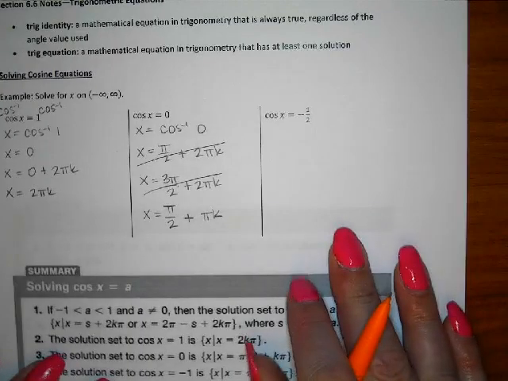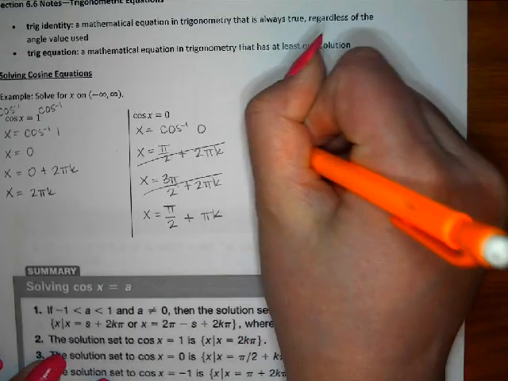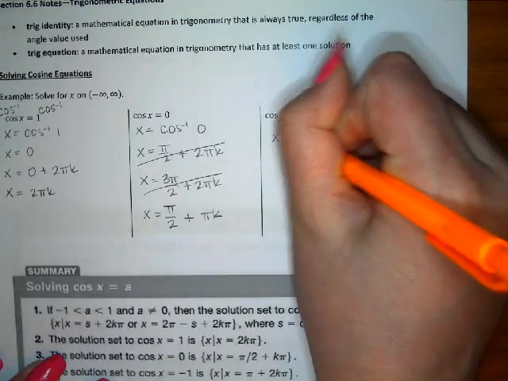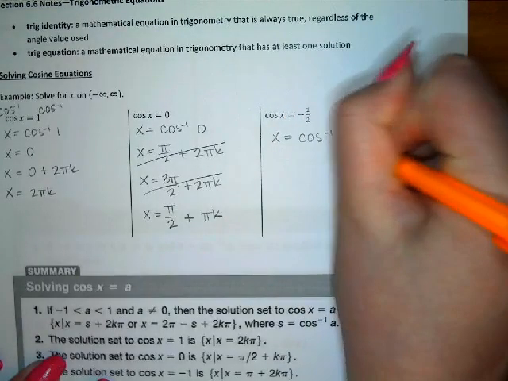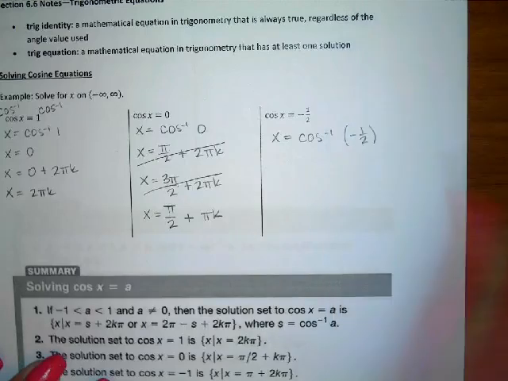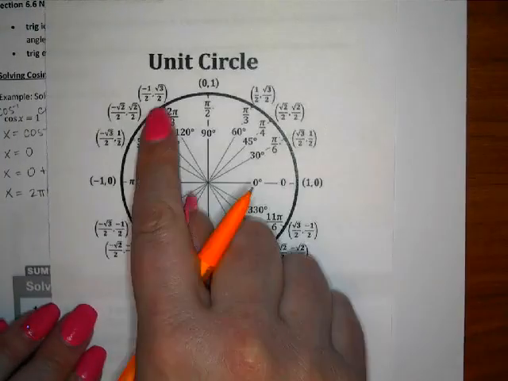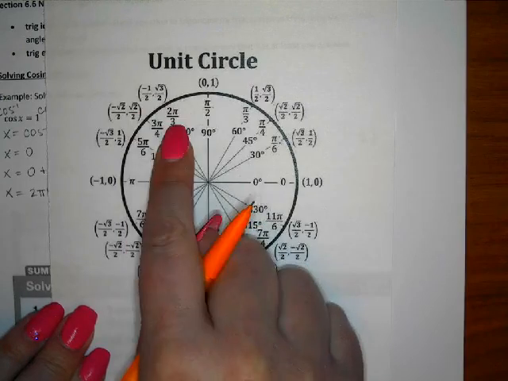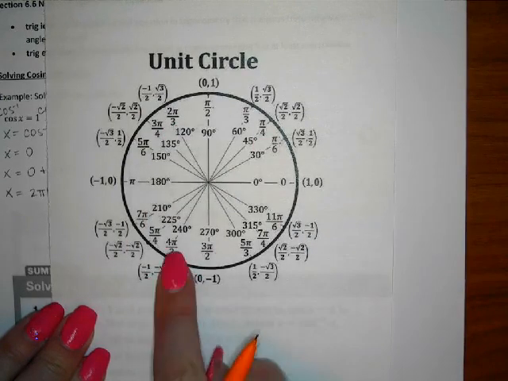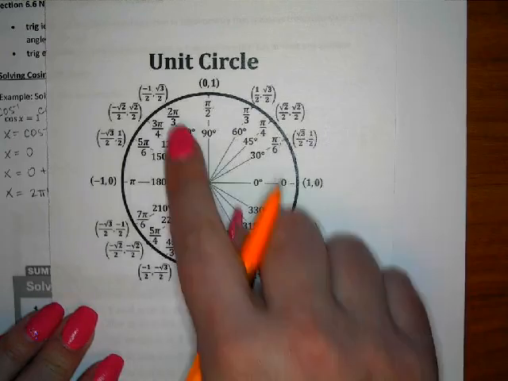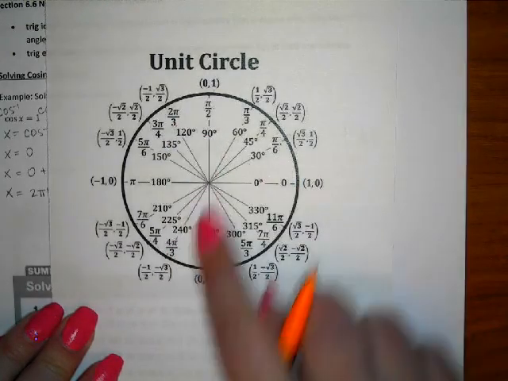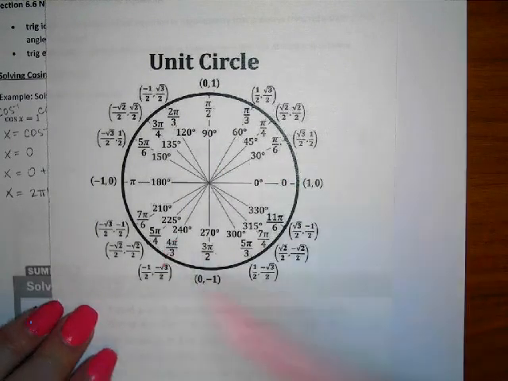Okay, for this last one, I'm going to say x is cos inverse of negative 1/2. I'm going to look on the unit circle to see where I have an x-coordinate of negative 1/2, and that's up here at 2 pi thirds and down here at 4 pi thirds. Notice these are not 1 pi apart, so I actually do have to write these two answers separately.